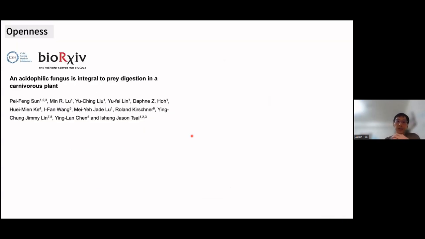At this point, I'd like to share a story about openness. When we first submitted our work as a preprint, a paper considered a manuscript that hasn't been reviewed yet, it documented the observation of a dominant fungus in Drosera.